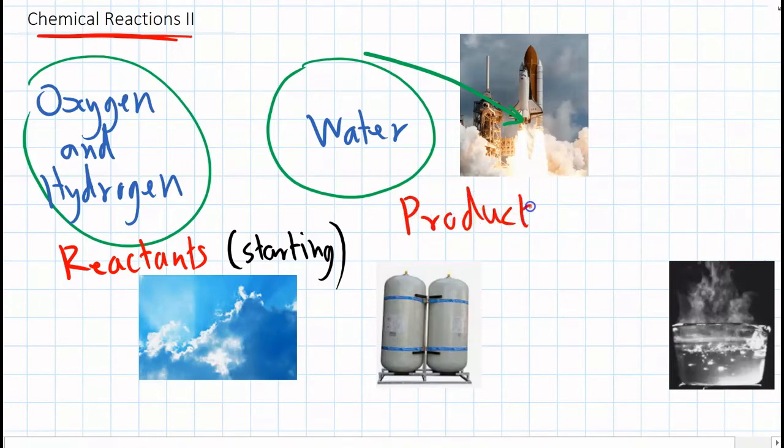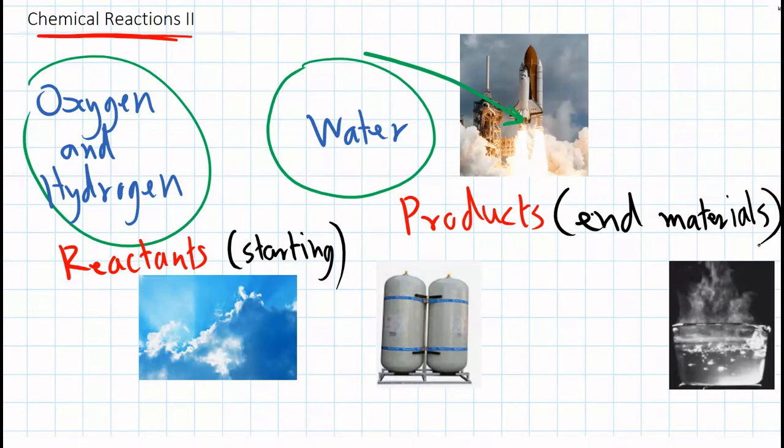So products in general are the materials you get at the end of a chemical reaction. So the end materials. So every chemical reaction has reactants and products. Sometimes there might only be one, like in this example, but often there's more than one reactant and product as well.